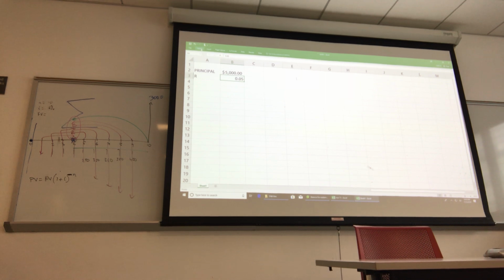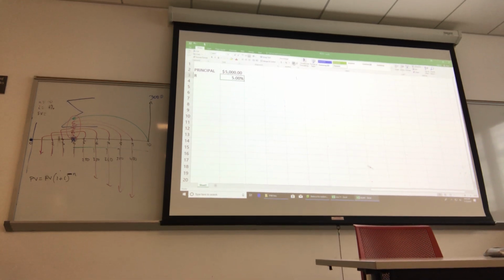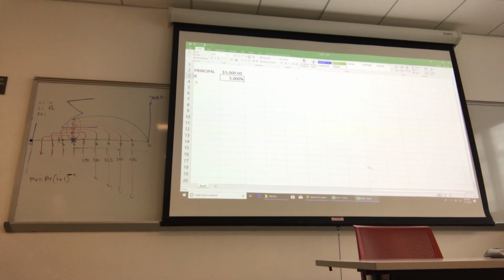I put it here. It's 5%. I give it plenty of decimal points. We want to know how many periods we have. We know how many years we have the loan. It's for 3 years. And we want to know how we would like to pay the loans. Victor wants to pay the loans monthly. We have 12 months in a year.